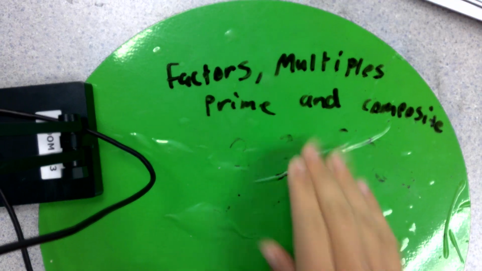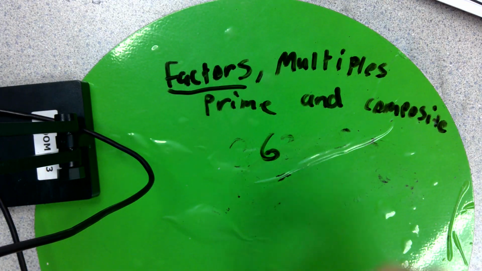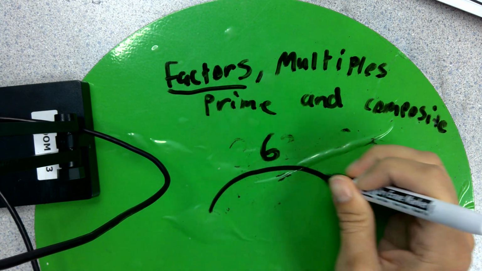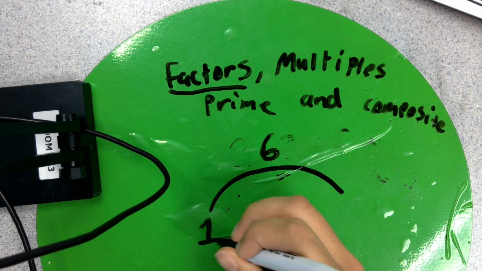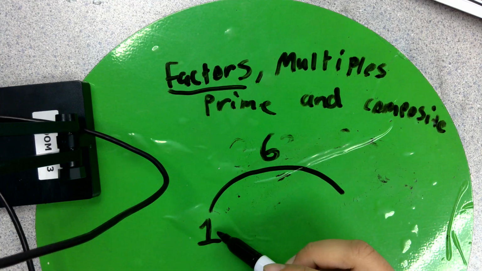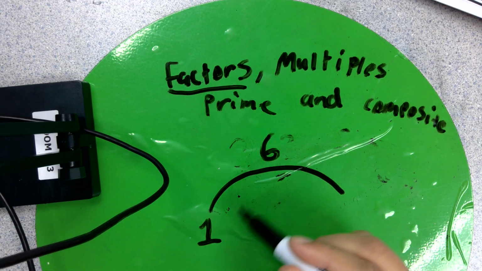So if we want to find the factors of 6, a rule that we know for factors is that every number can use a factor of 1. And of course, it pairs up with the number itself. So in this example, 6, right?